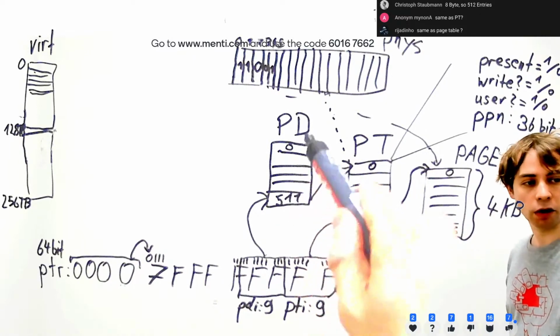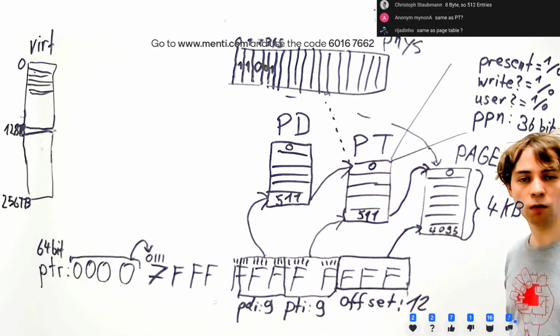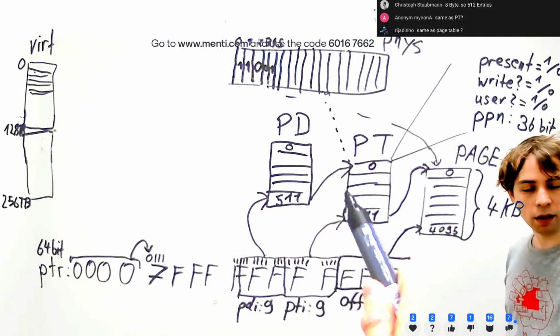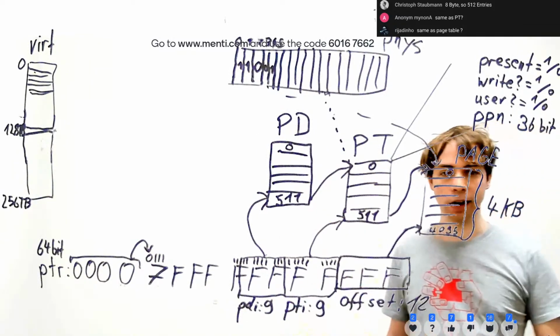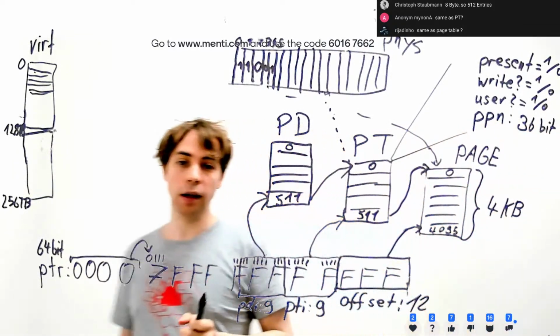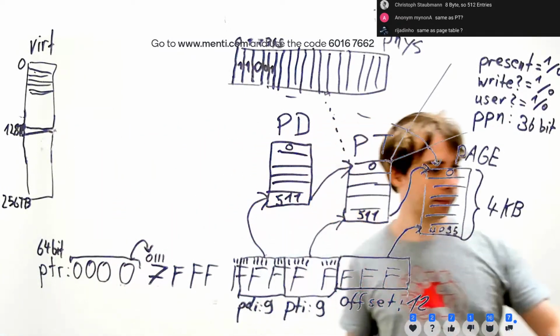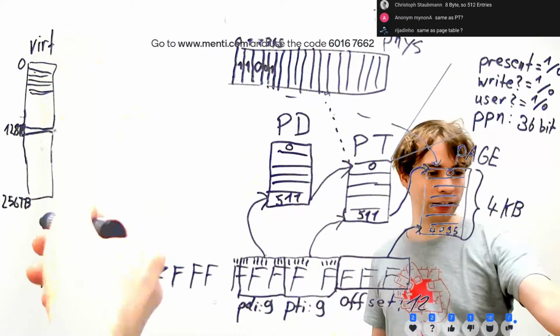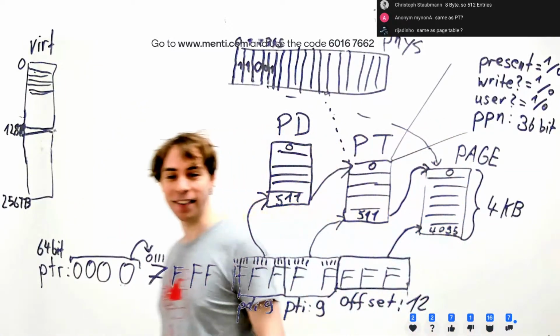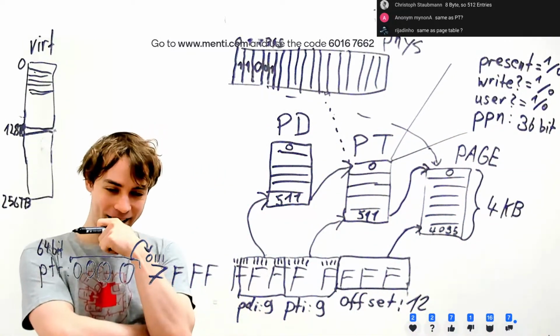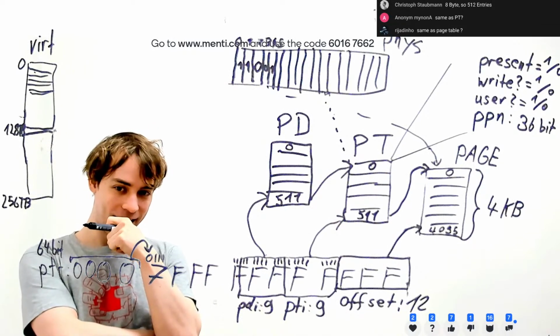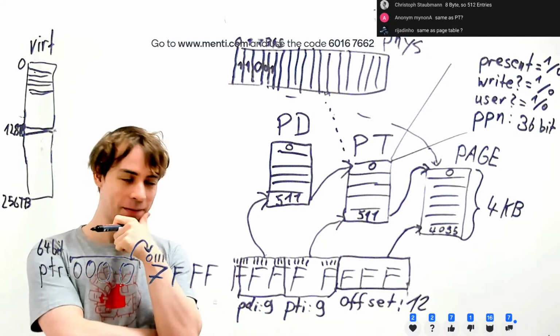The page directory, 512 times 2 megabytes. So that means 1 gigabyte. One page directory is responsible for 1 gigabyte of virtual memory. But this is not enough. We need to get to 256 terabytes. What do we do? Any ideas?